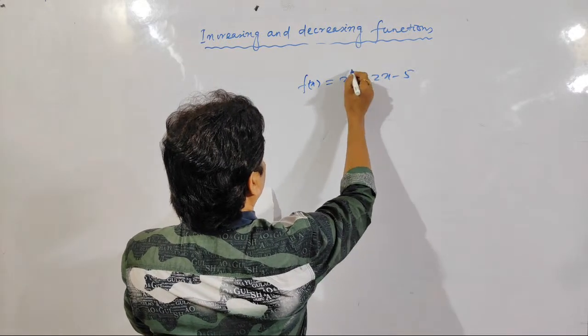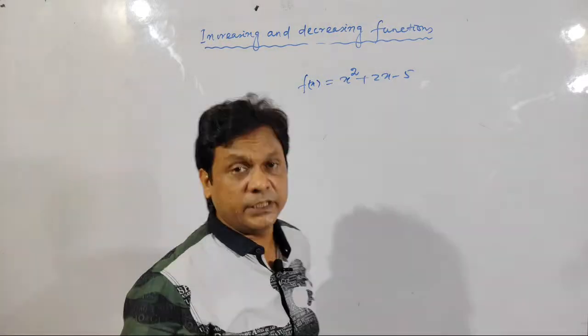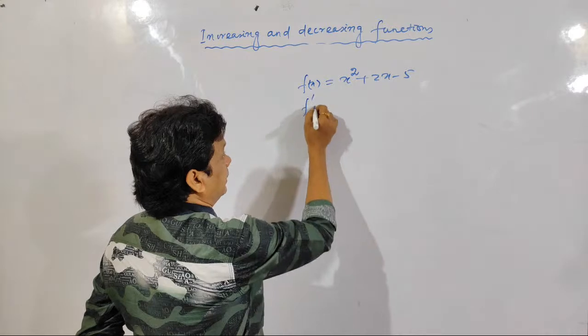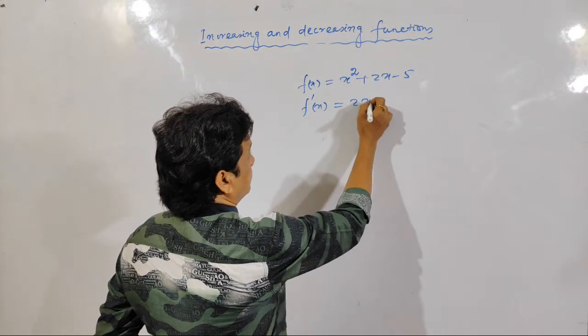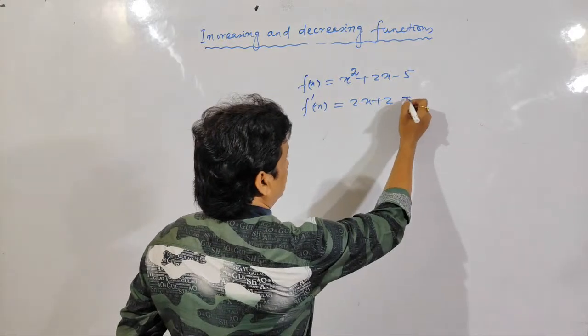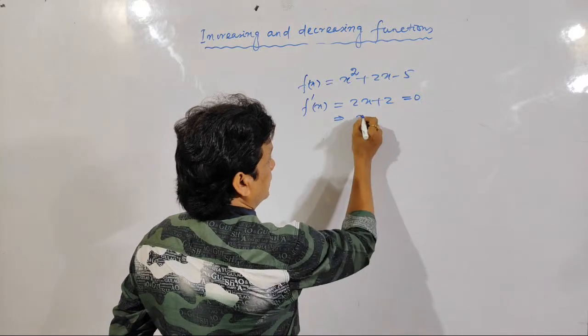That means you have to find the interval in which the function is increasing and in which the function is decreasing. Simply find the derivative f dash x. It is 2x plus 2. Clear? And already I have told you, put f dash x equal to 0. That means 2x is equal to minus 2, so x is equal to minus 1.